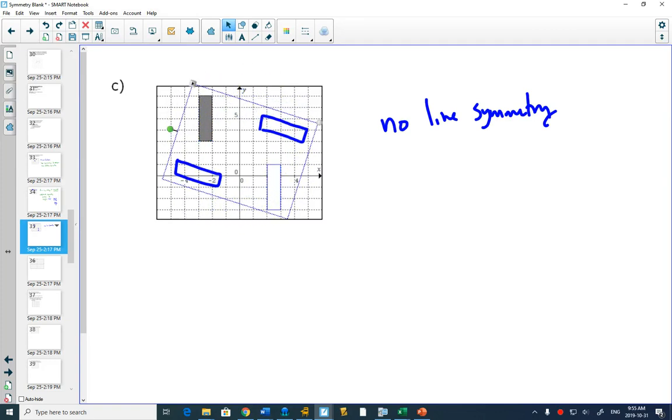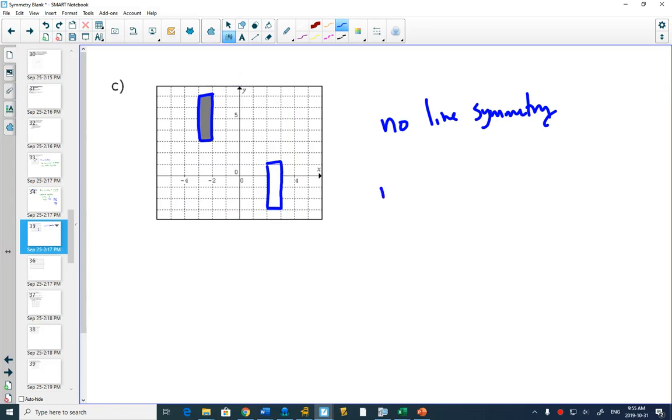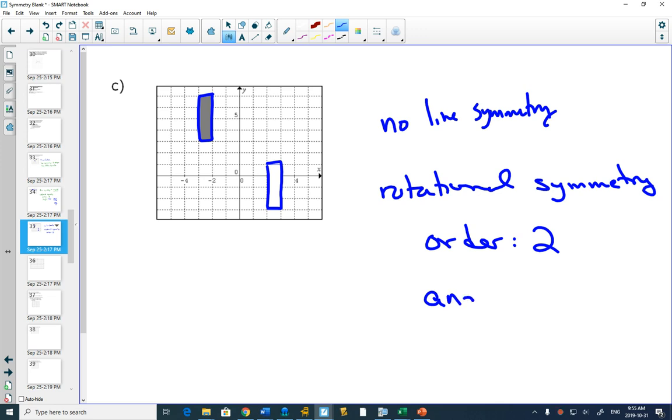They match up once and match up again there. So the order is 2. And the angle? Is 180 degrees.